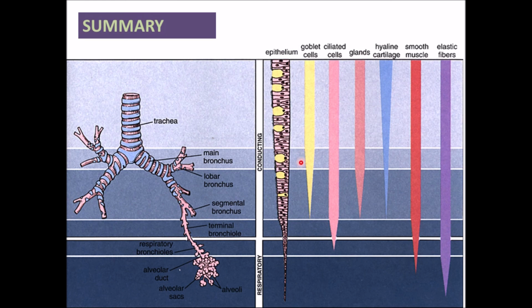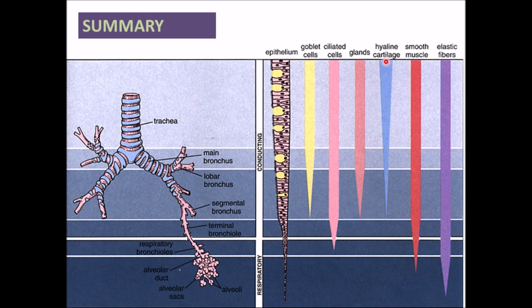In the trachea, principal bronchus, lobar bronchus and the segmental bronchus, goblet cells are seen, which are absent in the terminal bronchus. Ciliated cells are not seen after the respiratory bronchioles. Glands can be seen up till the segmental bronchus.